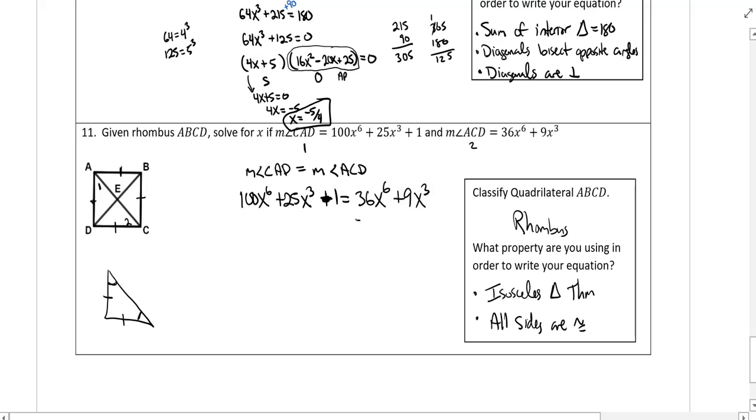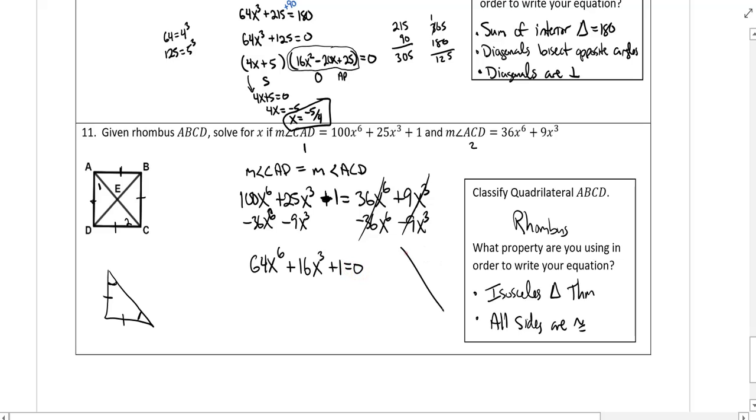I'm going to set this equal to 0 by subtracting 36x to the 6 and subtracting 9x to the third, and we get 64x to the power of 6 plus 16x to the power of 3 plus 1 equals 0.